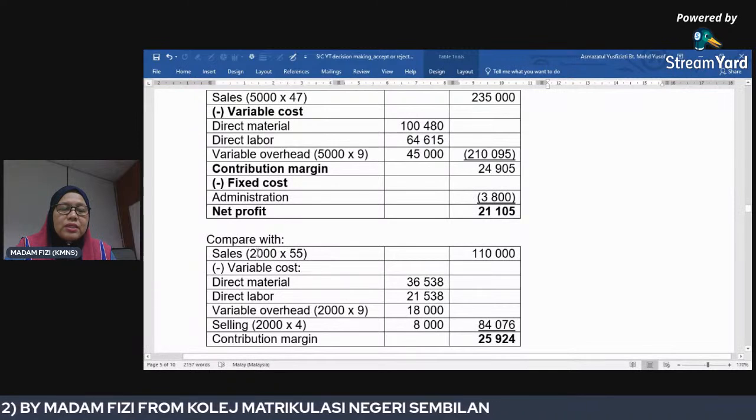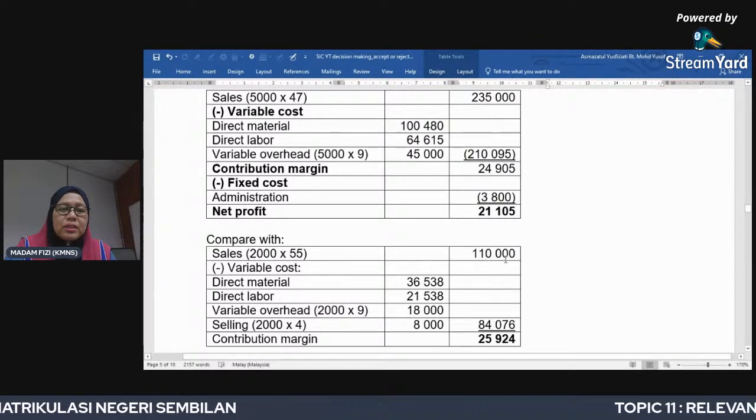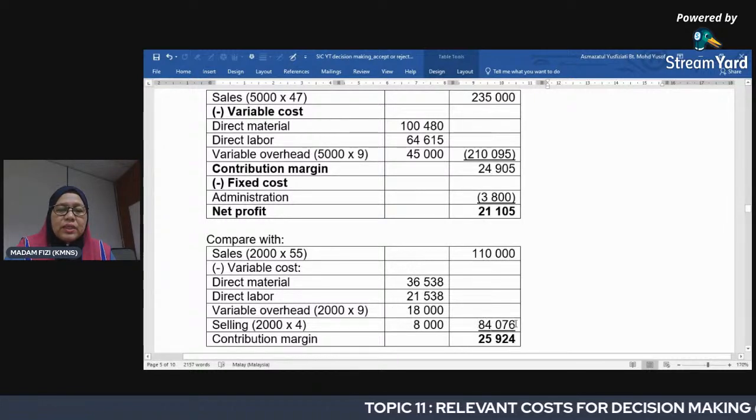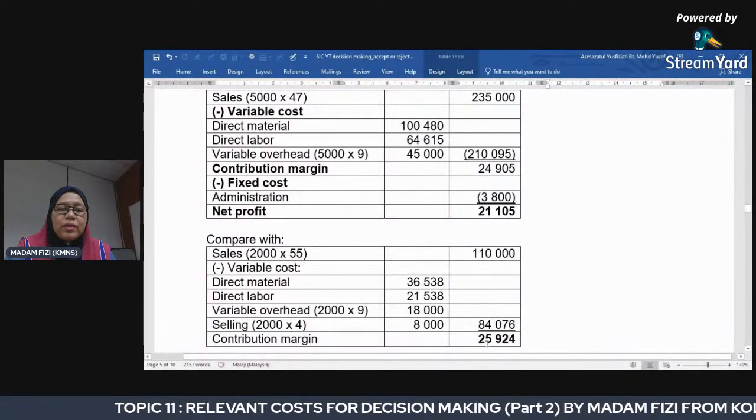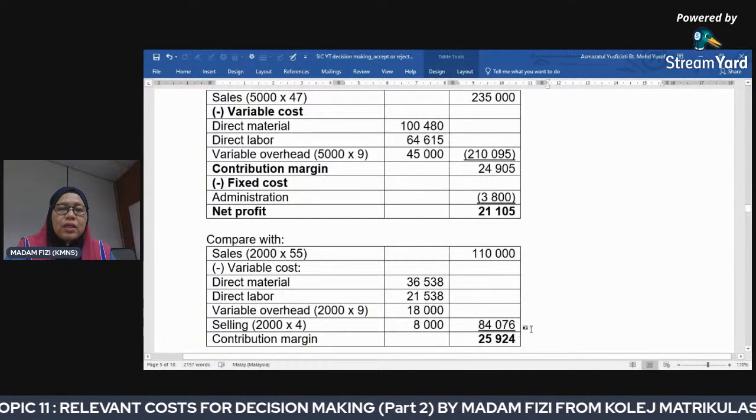So the difference is the 2,000. Okay, so the sales is 110,000 and the total variable cost is 84,076. So we get the contribution margin is 25,924.